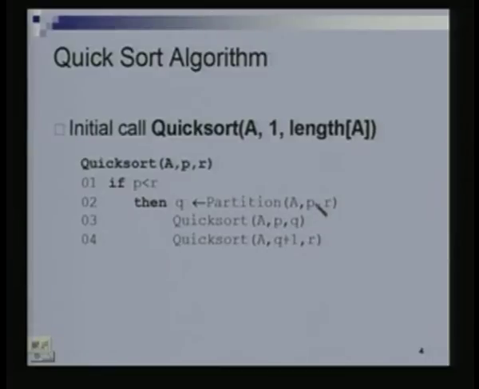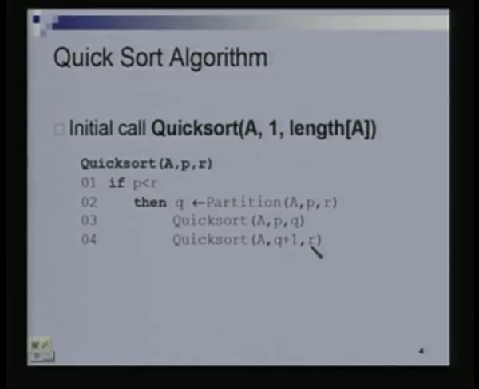It returns the demarcating line, so to say, right? So that the lower half is going from p to q, and the upper half or the larger half is going from q plus 1 to r. So now I need to sort the lower half and the upper half separately. So I recursively invoke quicksort on the lower half, which is going from p to q, and on the larger half, which is going from q plus 1 to r.